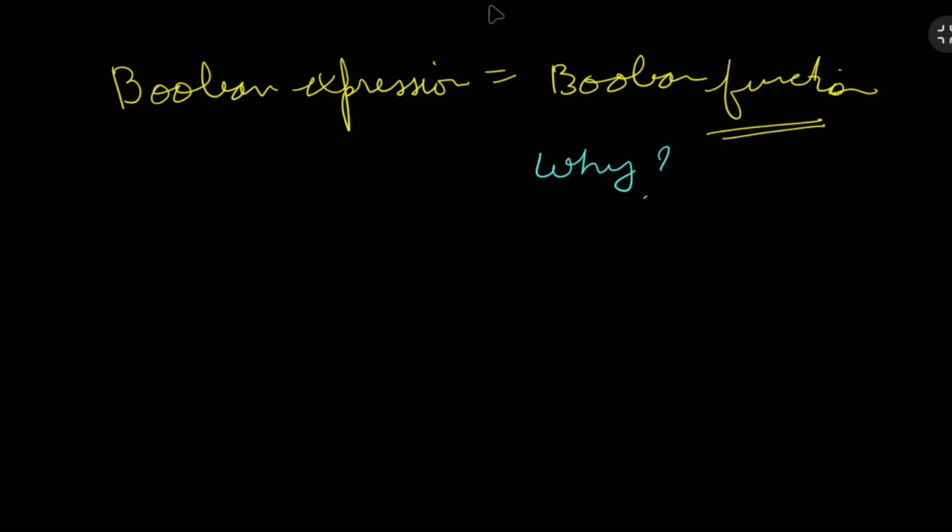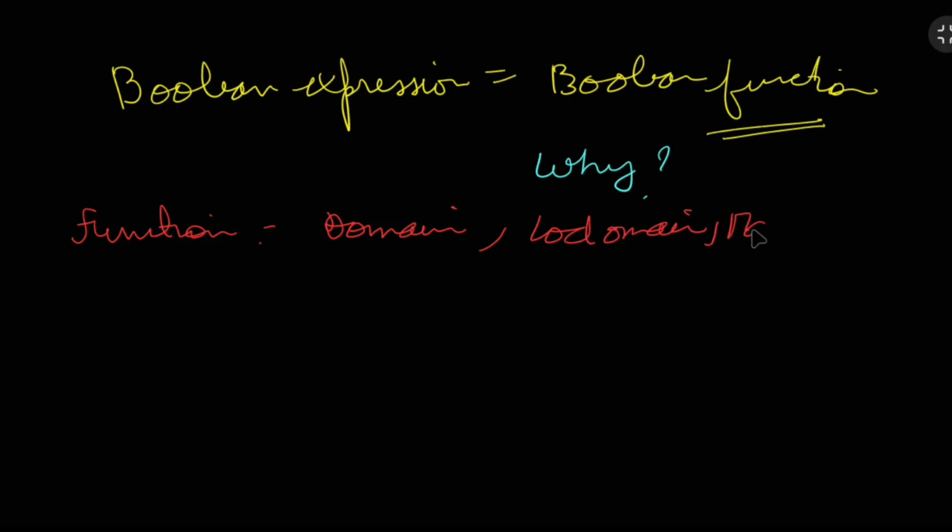When you say something is a function, then what you should have? Then you should have domain, you should have codomain, you should have mapping. Correct? If you say something is function, you should have all of these three things.